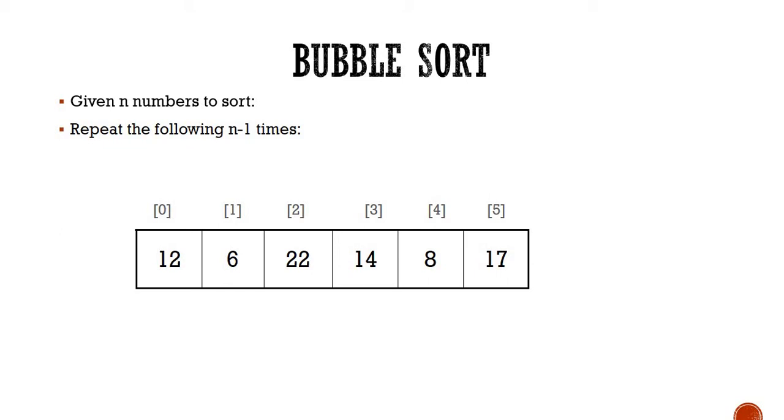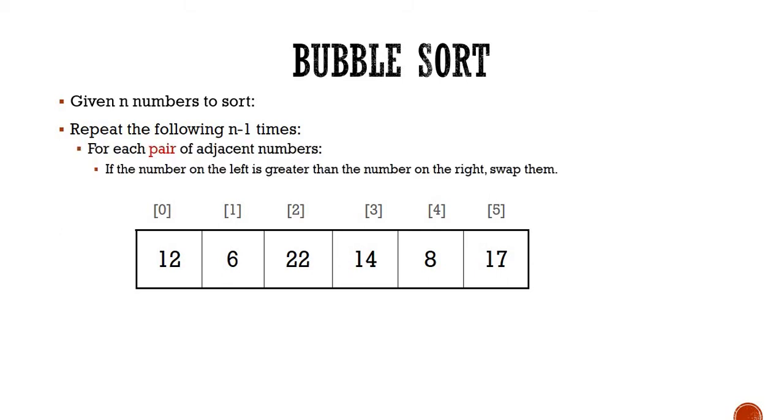You need to remember, if you have 6 numbers in the list that we need to sort, we have to do 5 comparisons. If you have 10 numbers in the list, you need to do 9 comparisons. We go through the same process until we get the sorted list.